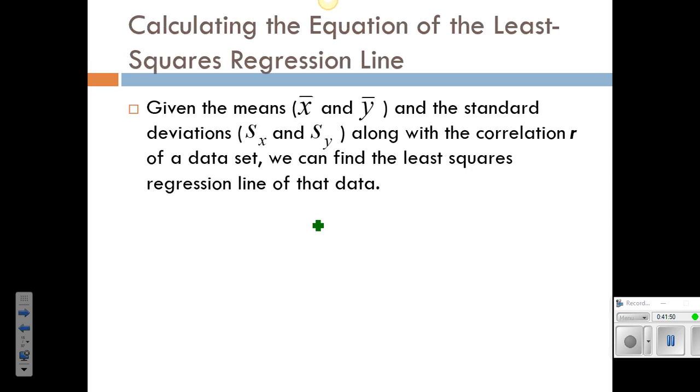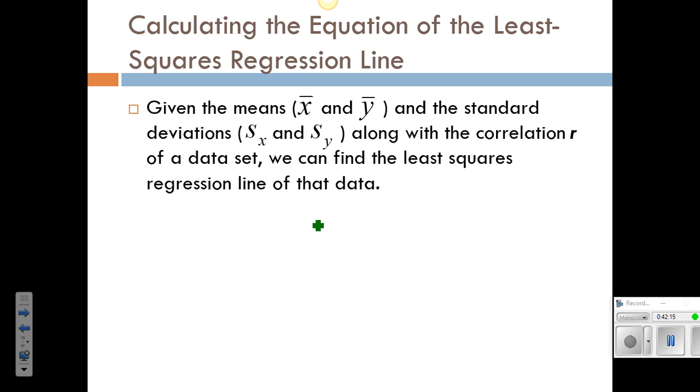All right. Okay, last thing for today, and then I'm going to give you time to work on your AP multiple choice assignment, is you can actually calculate a least squares regression line using the average of the x values and the y values along with their standard deviations. So let's go back to your little chart here. Do you guys see the chart on the front page of your notes? The x values and the y values.